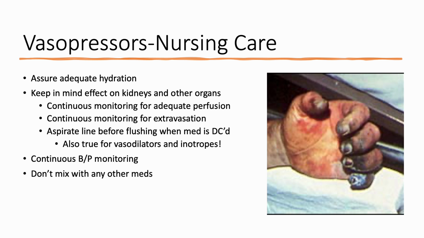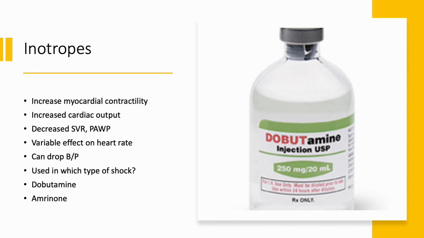Typically, you need an arterial line to check your blood pressure, or check your blood pressure every 15 minutes, especially if you are titrating your vasopressors. Don't mix with other medications due to the potency and specific effects of vasopressors. They should not be mixed with other medications to avoid adverse reactions or altered drug effectiveness.